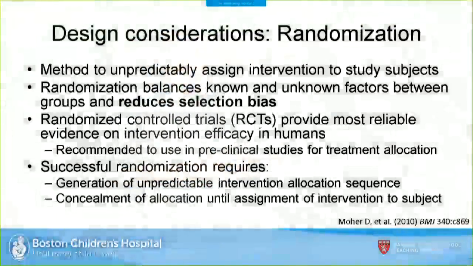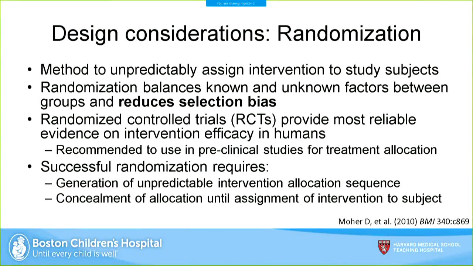So another consideration you may want to think about is randomization, when you are trying to compare a certain intervention or treatment between two or more groups. Basically, randomization is a method to unpredictably assign the intervention to the study subjects.